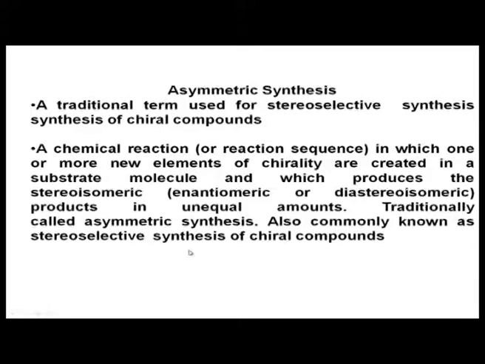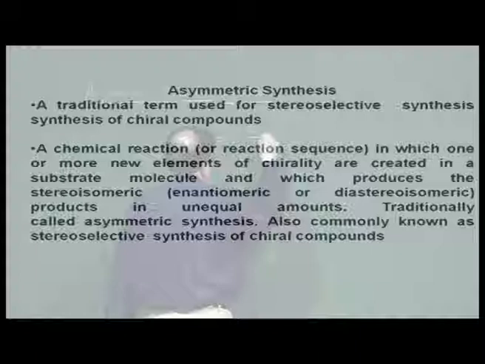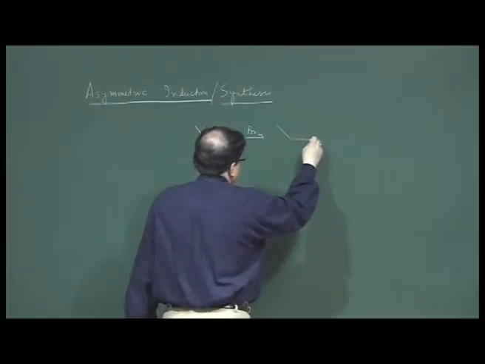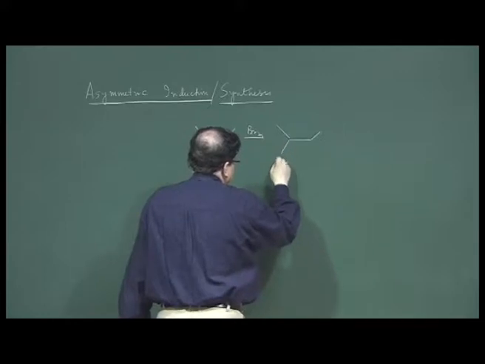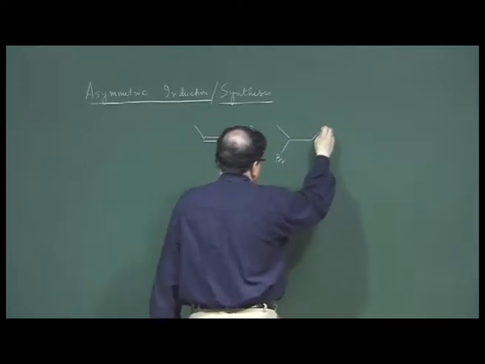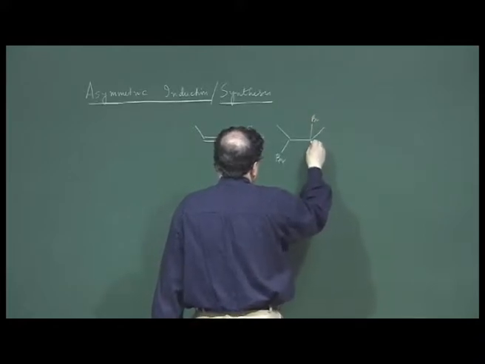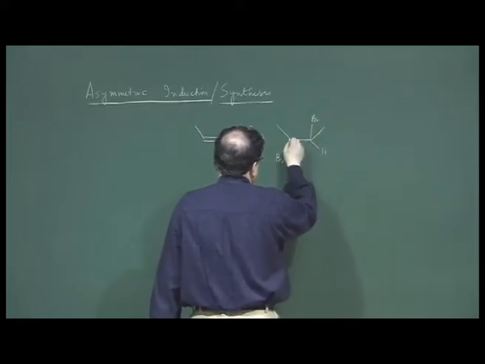Now, stereoselective synthesis has two meanings. One is, for example, addition of bromine to a double bond. That is also stereoselective, but that produces only a DL mixture. Okay. So, a chiral compound is produced, but it is produced as a DL mixture.